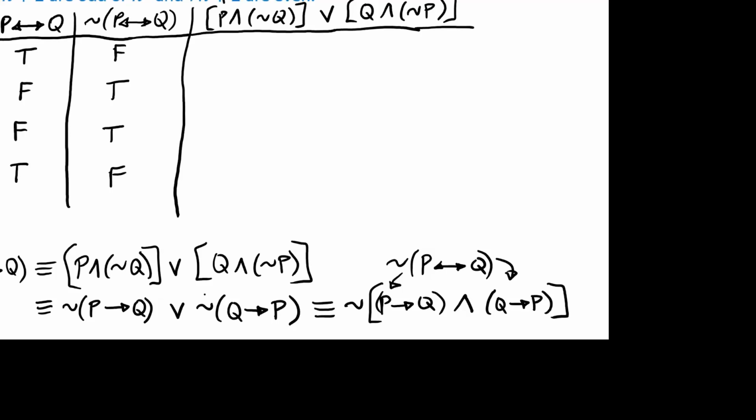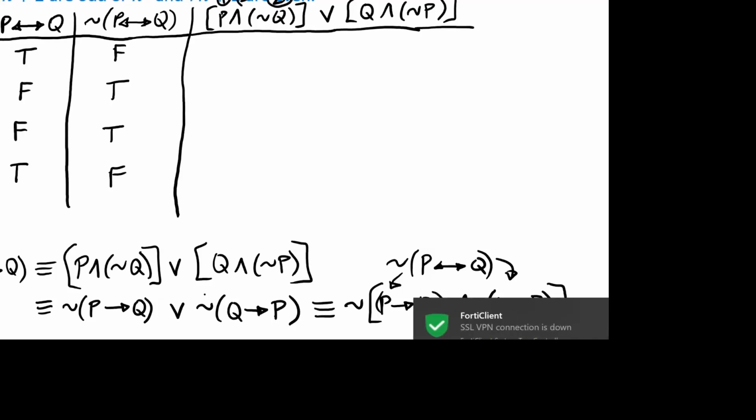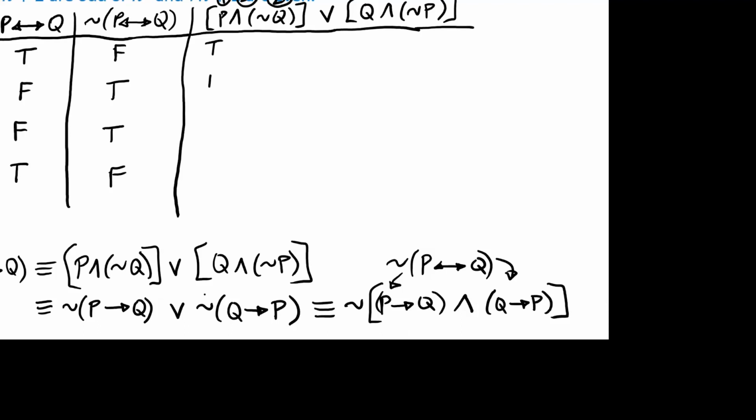So I'm going to call this column 1 and 2, and then I'm going to come back and get this as 3. Column 1 is P, that's going to be true, true, false, false. Not Q is false, true, false, true. Joining those using and, false, true, false, false.